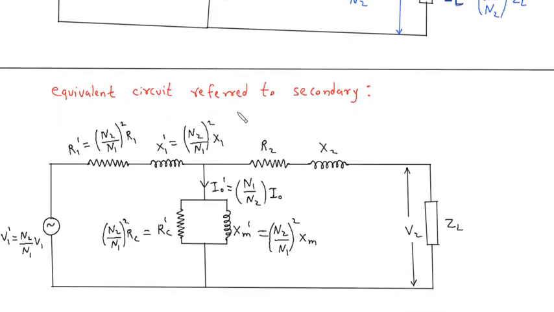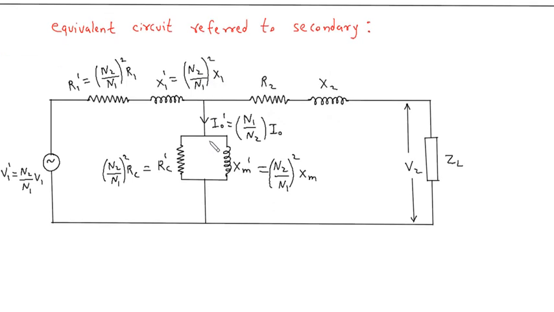Now the equivalent circuit referred to secondary. R2, X2, V2 and ZL will be kept as they are. V1 dash = N2/N1 V1. R1 dash = (N2/N1)^2 R1.